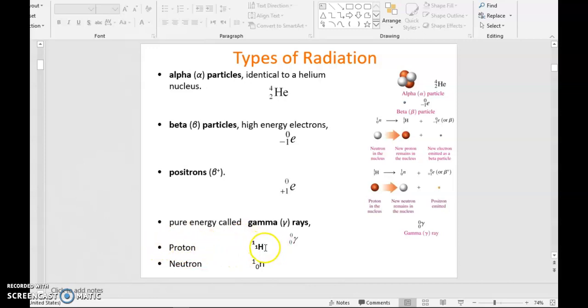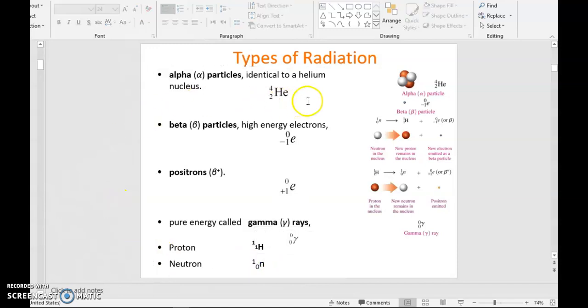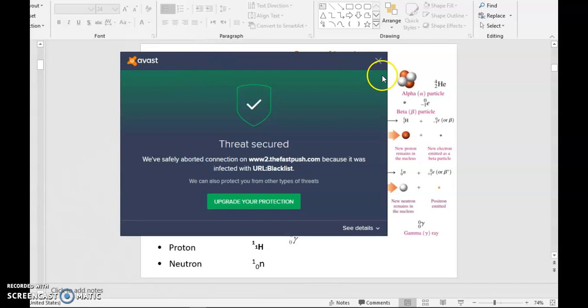Proton radiation is basically one hydrogen atom with 1 electron and 1 proton. Neutron radiation, you will write N, and at the bottom, where the atomic number goes, we will not write anything. It's only a neutron radiation, so we will write 1 on the top.